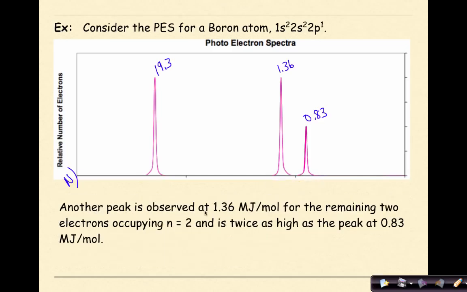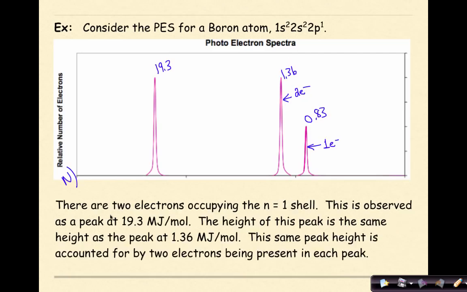shell. Another peak is observed at 1.36 megajoules per mole for the remaining two electrons occupying the second shell, and is twice as high as the peak at 0.83 megajoules per mole. So this peak is representing one electron, and this peak is representing two electrons. There are two electrons occupying the first shell.